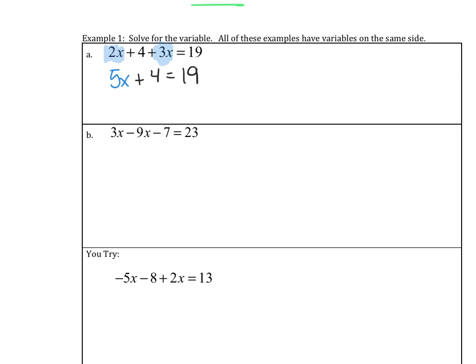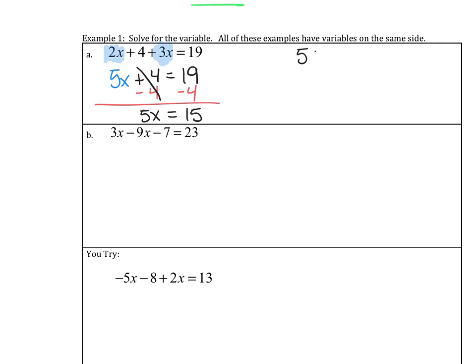My next step is to get my variables onto one side and my numbers onto the other. So right now my variables are on the left side, my x is on the left, so I want to get rid of the plus 4, and this becomes a two-step equation again. So in order to get rid of the plus 4, I'm going to do the opposite, and I'm going to subtract 4 from both sides. When I do that, I get a result of 5x, the 4's go away, equals 15.